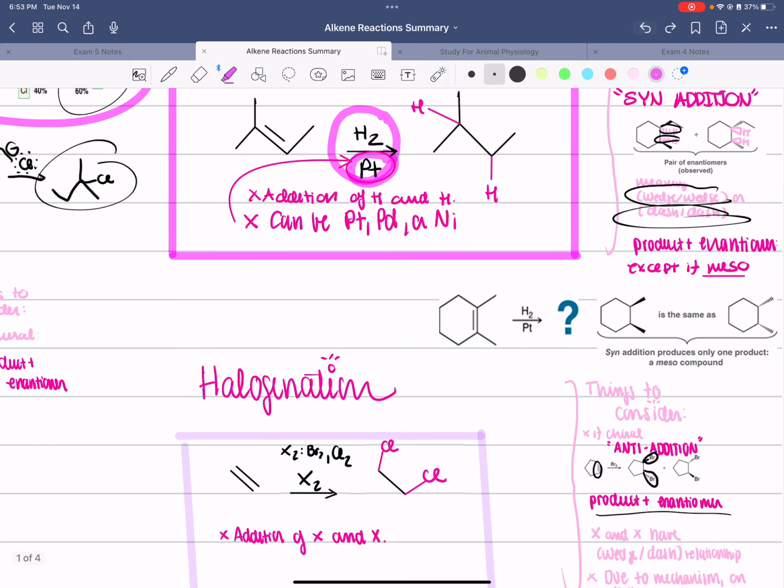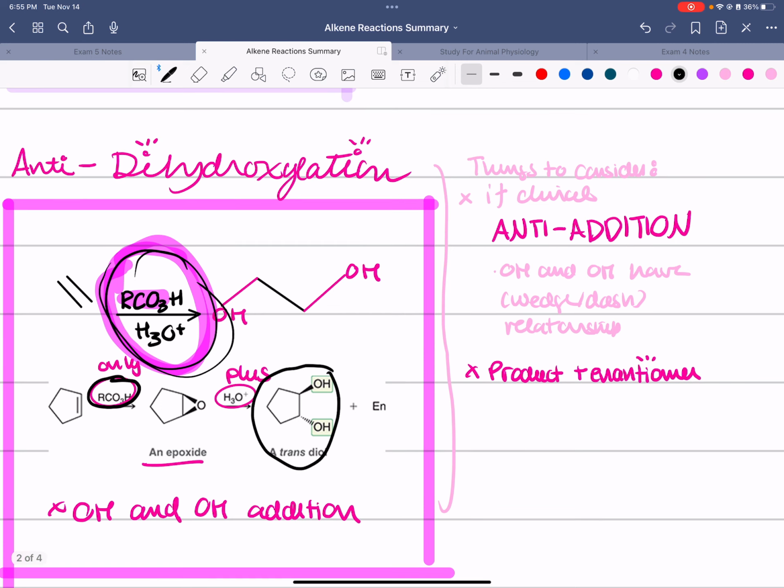So for example, if I was in the test only given this one without this whole thing, my answer will stop in here as an epoxide. But if I'm given everything as a whole, then I have my OH addition, which will be one in a wedge and another one in a dash. So again, some things to consider: if chiral, we have an anti-addition, we have an OH, they have wedge and dash relationship as we saw, and we're able to get our product plus an enantiomer.